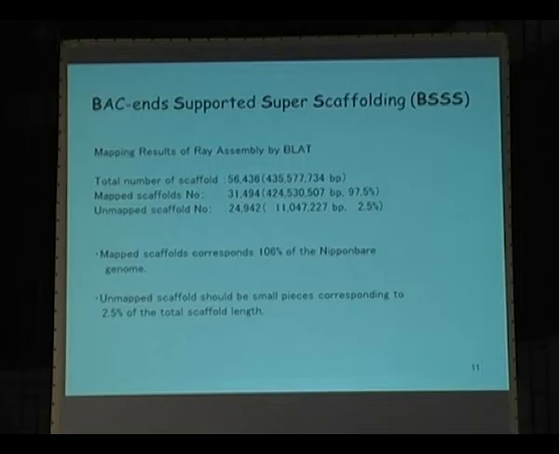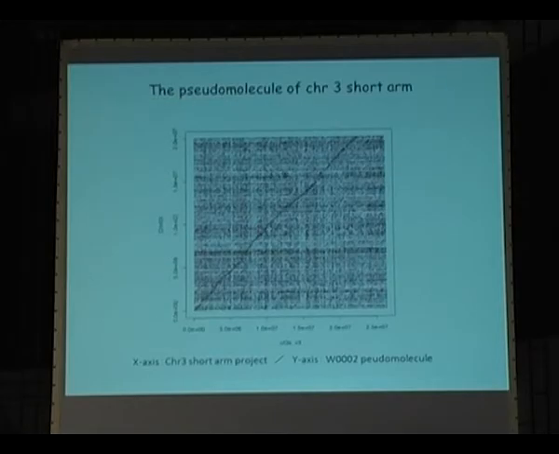The mapped scaffolds correspond to about 106% of the Nipponbare genome. And this year, to test the pseudomolecule, we used the chromosome 3 short-arm sequencing result constructed by Rod Wing's group.